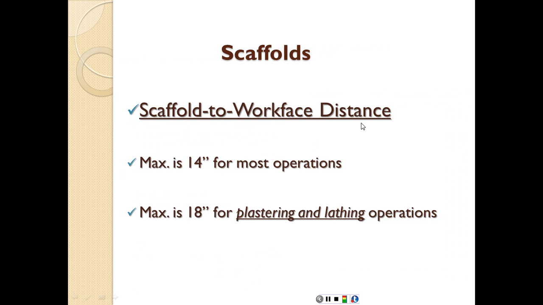Scaffold to work face distance. We don't want someone to lean too much forward and they can lose their balance and fall if there's a big distance or space between the face of the scaffold and the working surface.